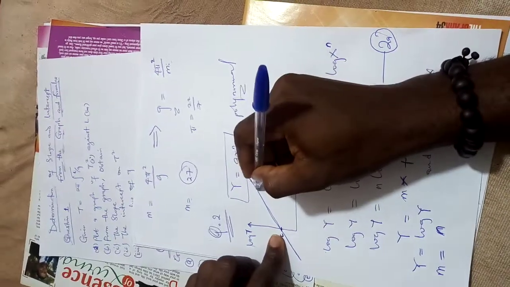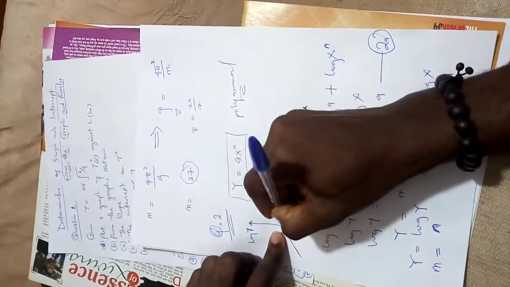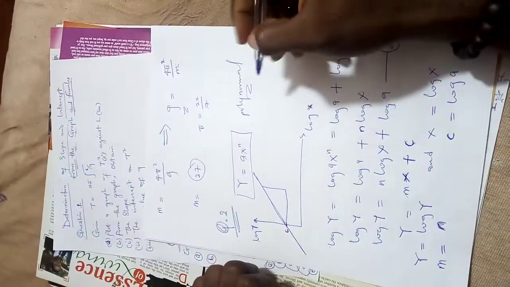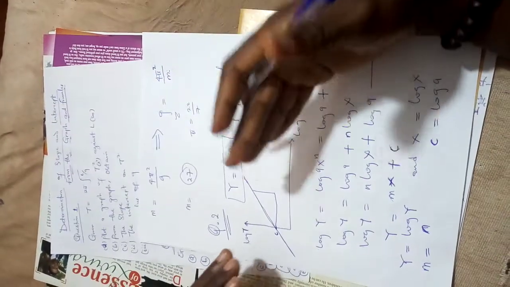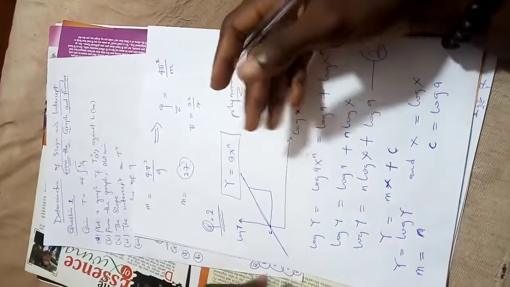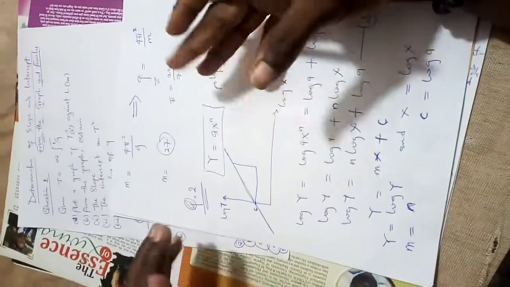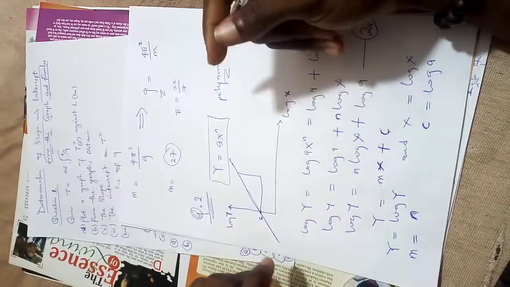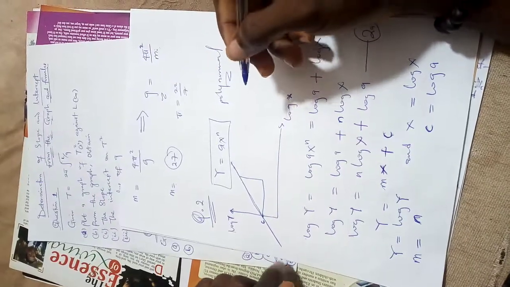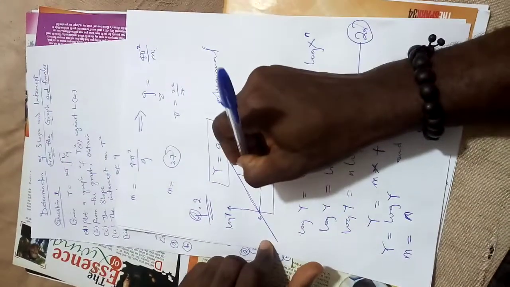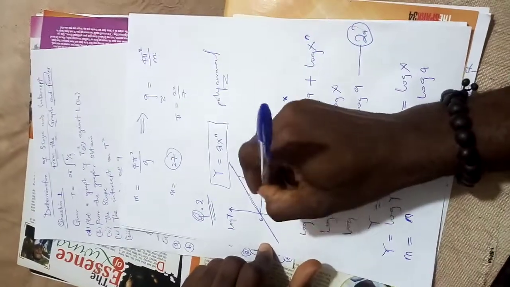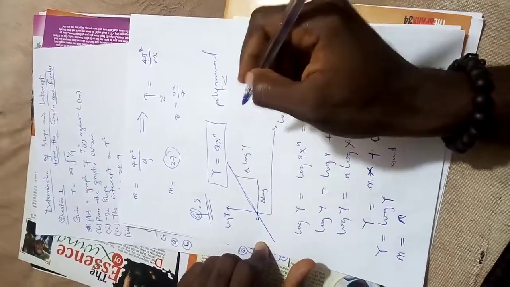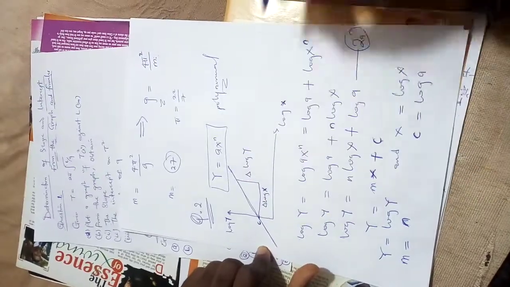So this becomes our intercept. If I draw my triangle, remember from what we did in graphical analysis, we said that the triangle should cover at least 1/3 or 2/3 of the graph if possible, so that you can minimize some errors. All right, now this will be the change in log y, and this will be the change in log x.